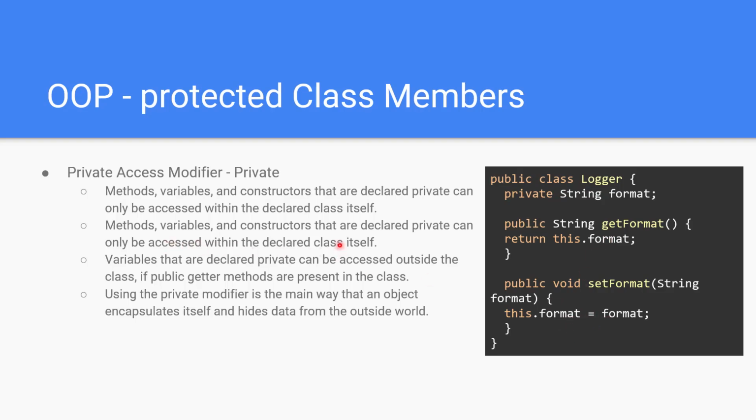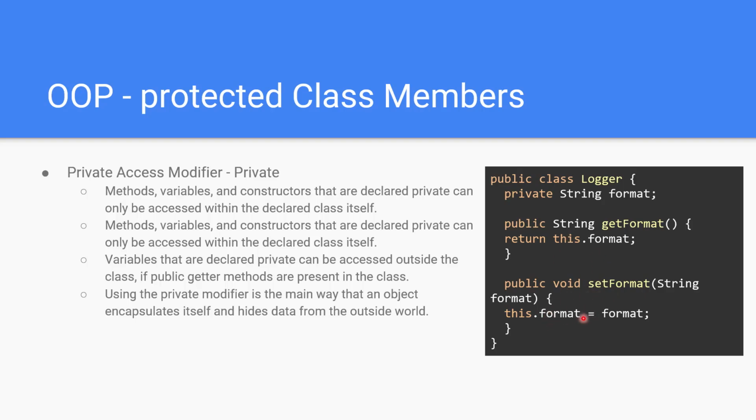Methods, variables that are declared as private can only, again, be accessed within the class. Variables that are declared private can be accessed outside of the class if the class is instantiated and the method is present to actually return, either update or return. In this case, that is the case.